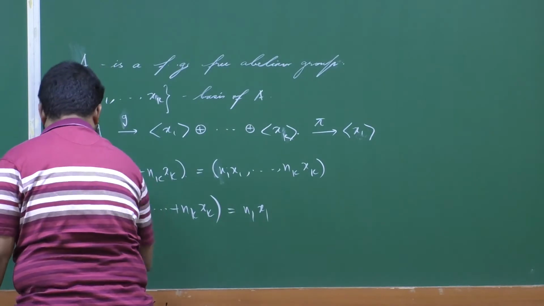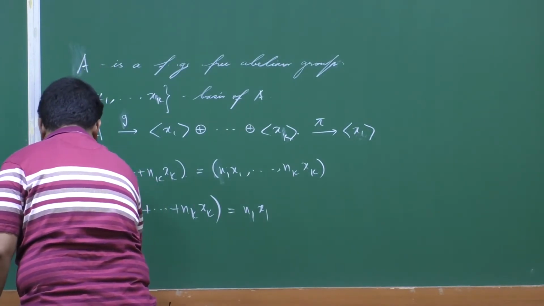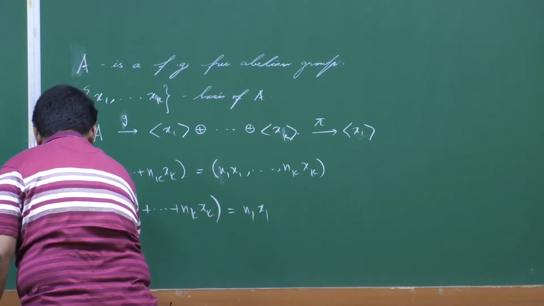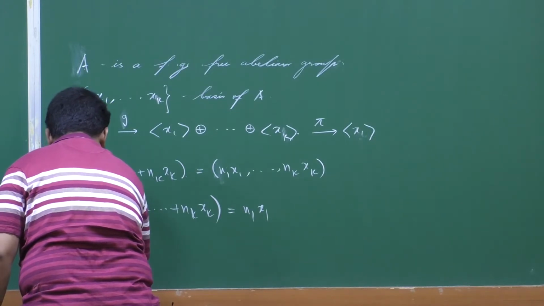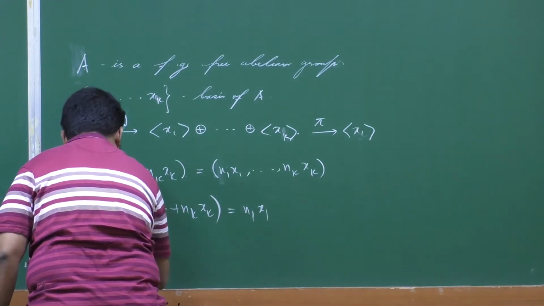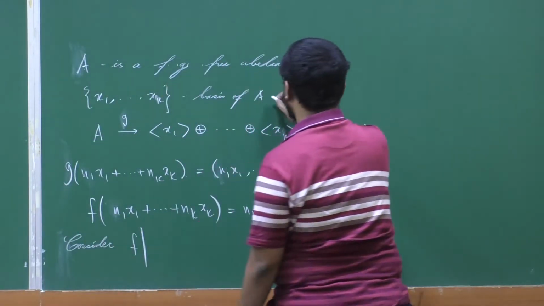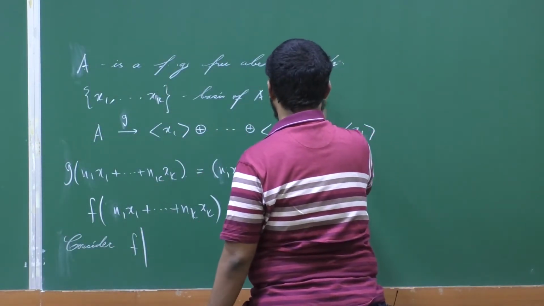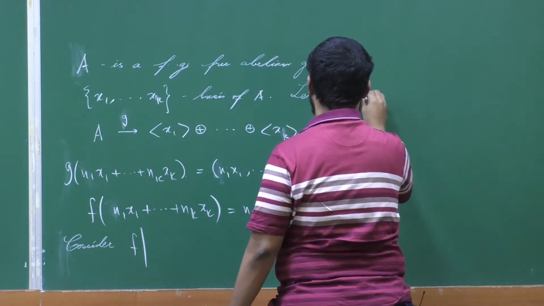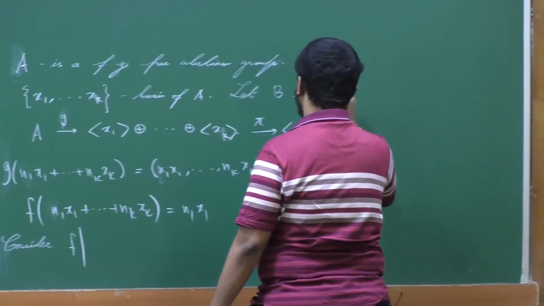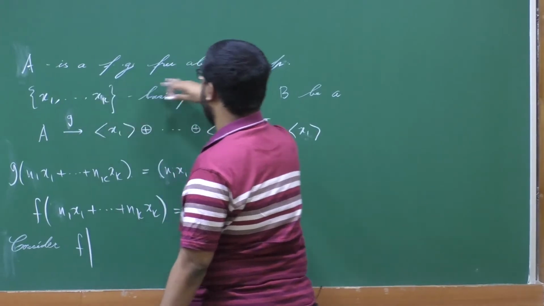So now we consider the restriction of F. Let us take a subgroup, let B be a subgroup. What are the things that are given to you?